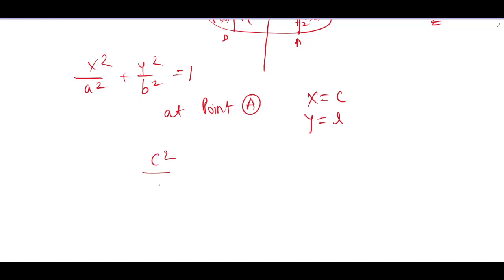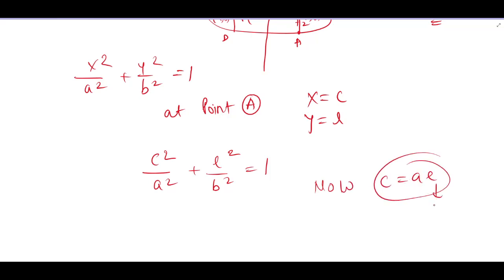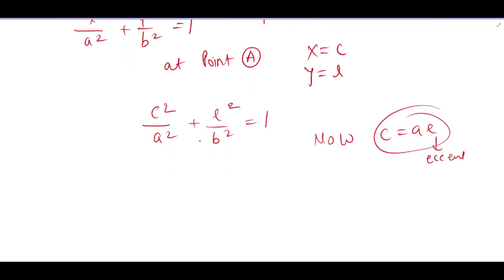So we get c square by a square plus L square by b square equal to 1. Now put c equal to ae, where e is the eccentricity. Therefore a square e square by a square plus L square by b square equal to 1.